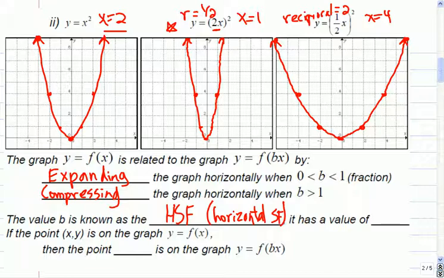And the value of it, again, it's trickier to come up with. You have to remember this little rule that when you do a horizontal compression or expansion, you use 1 over the horizontal stretch factor. 1 over b, sorry.